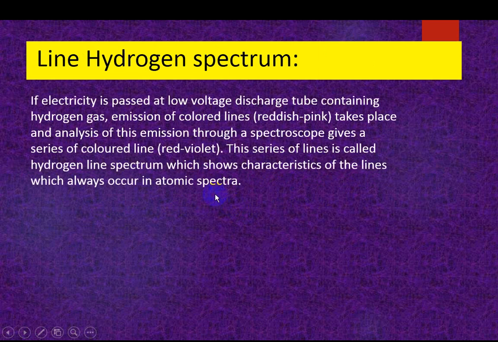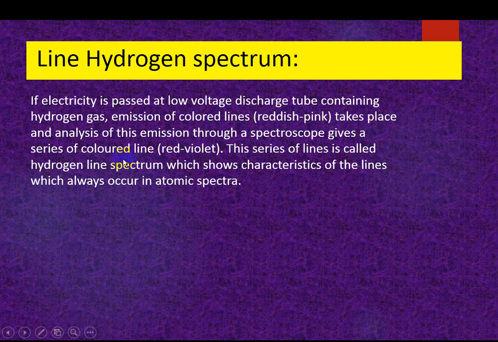Line spectrum of hydrogen atom. If electricity is passed at low voltage through a discharge tube containing hydrogen gas, emission of colored lines takes place, reddish to pink.